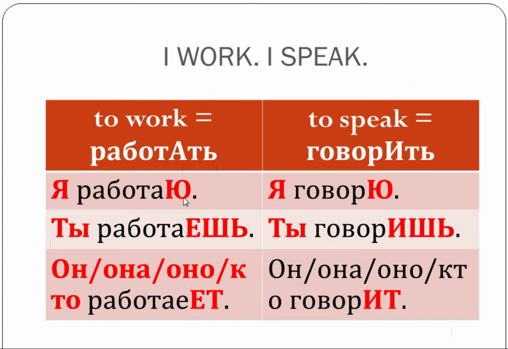When we change the endings of the verb because we're changing the subject, the language textbooks will tell you we're conjugating the verb. The change is called conjugation.